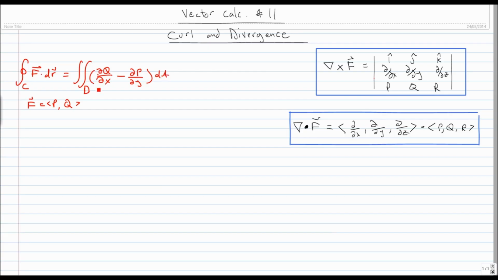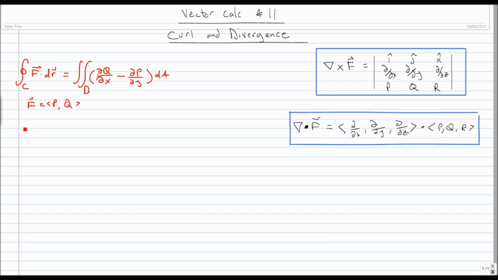Okay, dA over the region bounded by the curve C. So you can sort of see in here that when you're computing curl and you're finding the component of curl in the k direction, you take the partial derivative of Q with respect to x and you subtract from that the partial derivative of P with respect to y.